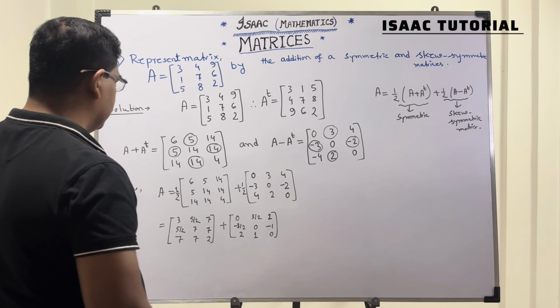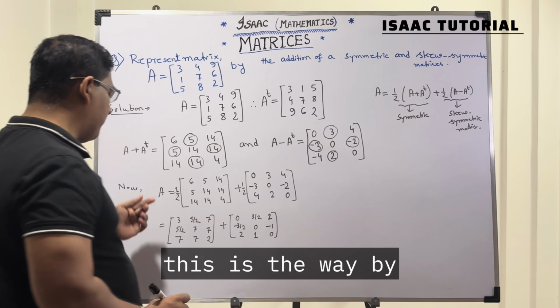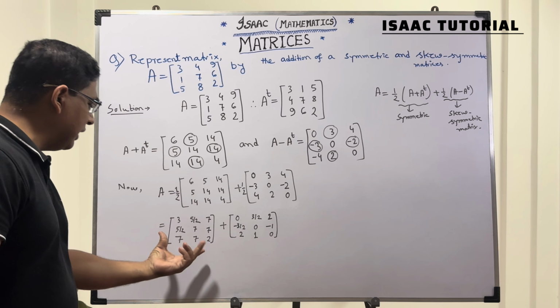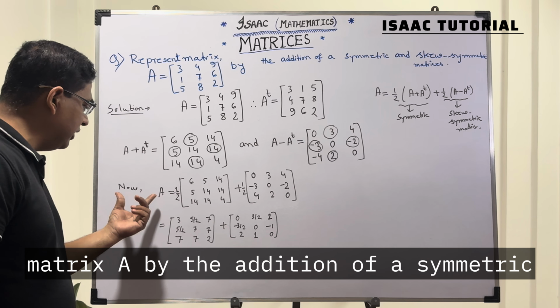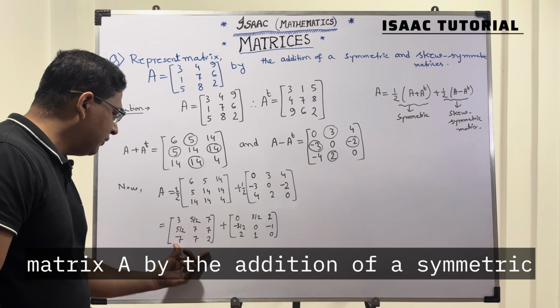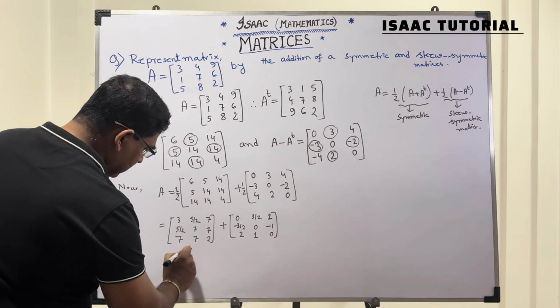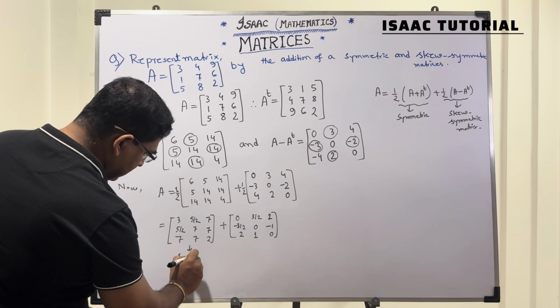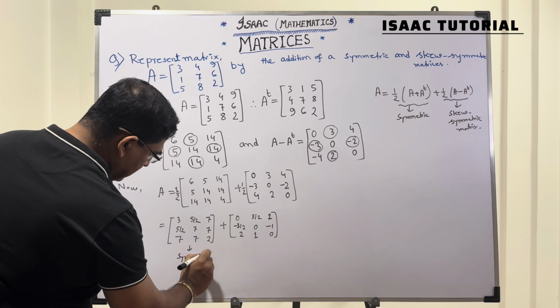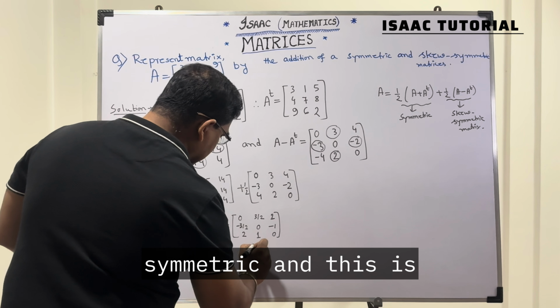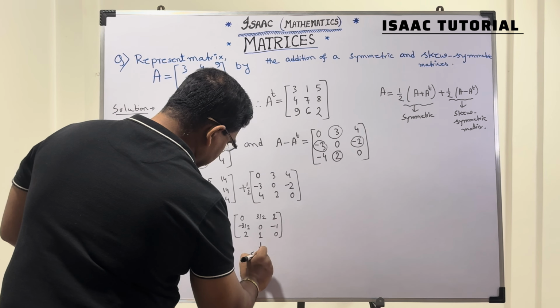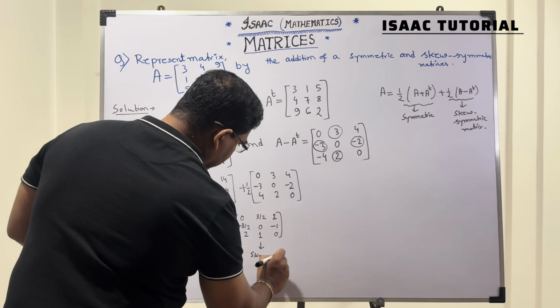So this is the way by which we can represent matrix A as the addition of a symmetric and a skew symmetric matrix. This is symmetric and this is skew symmetric.